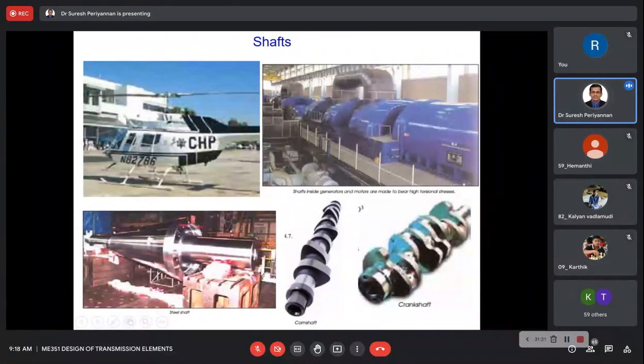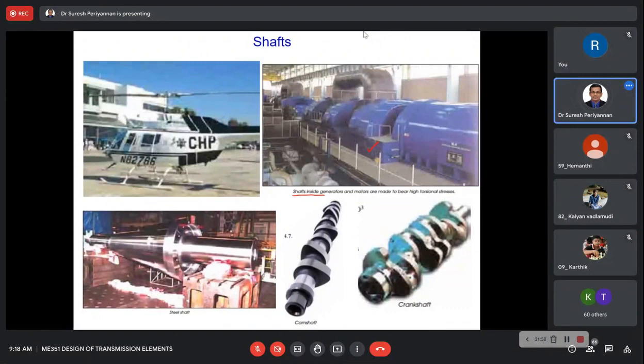Shafts are used in power generation places. The shafts inside the generators and motors are connected. With the help of the shaft, the power generators, motors, or turbines are connected.